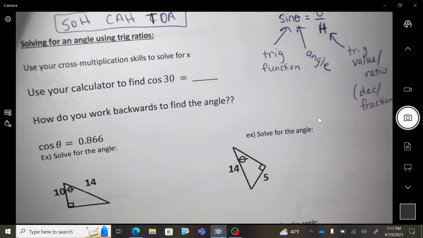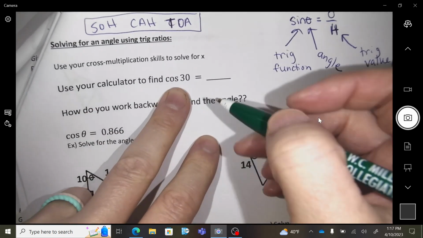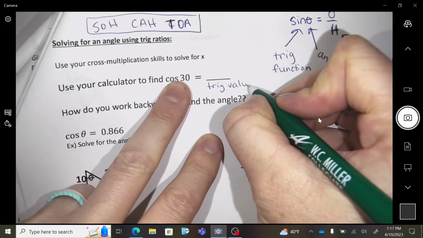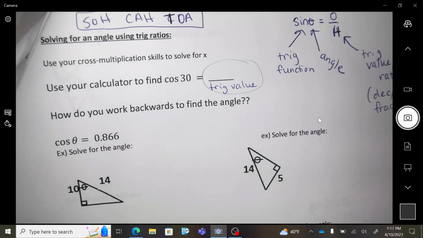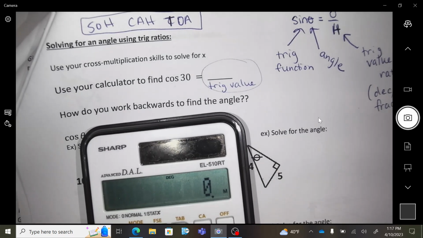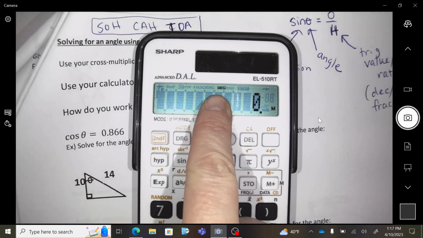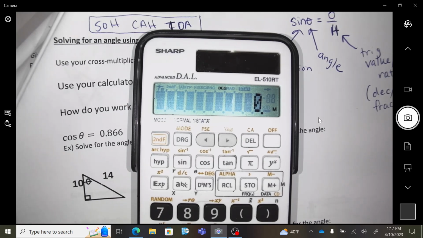Okay, we're going to go to our calculator, and I'm going to ask you, what is the cosine of 30? So I want to figure out what the trig value is. You're going to need your calculator here. Do you remember when we're working with this in our calculator, we must have it on degrees? At the top, somebody might just have a D at the top of theirs. That means you're in degree mode.